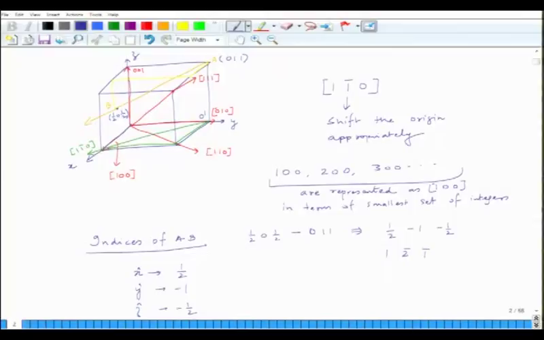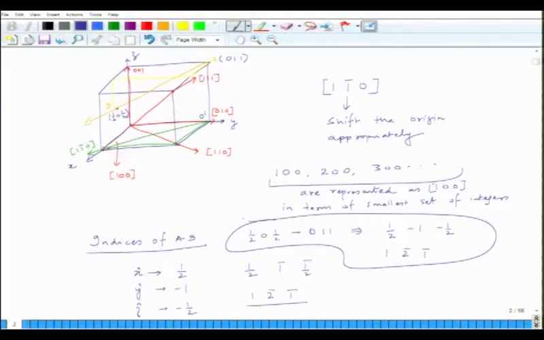So my direction UVW is half, minus 1, minus half, and if I multiply this by 2 it will be 1 bar 2 bar 1. I get the same answer. Both ways are fine. This is how you determine the indices of any direction, which is nothing but a vector.